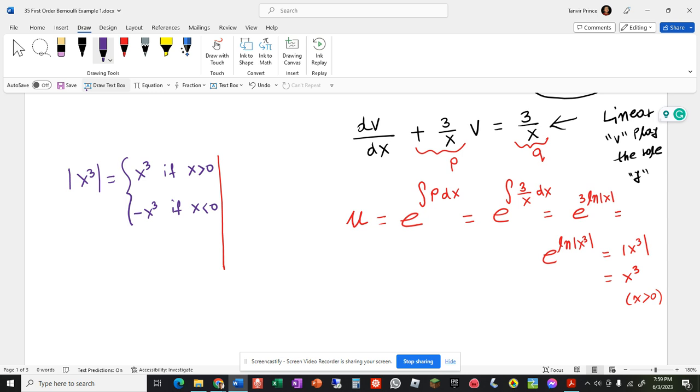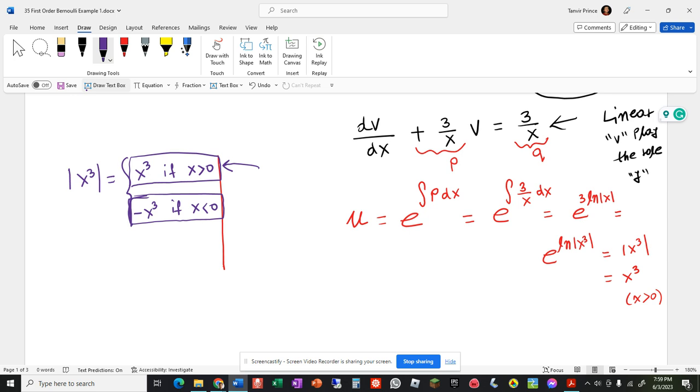So we have to be a little bit careful. So you go through the process for x cubed if x is bigger than 0, and very similarly, if you go through the process when x is less than 0, in that case the integrating factor is negative x cubed. But we're only going to look at the positive x, and you can do the other one if you want.